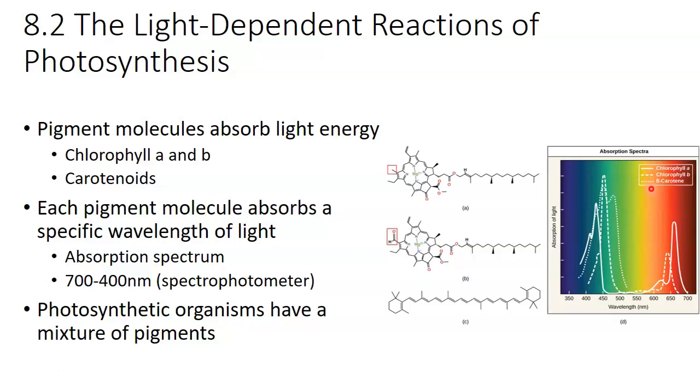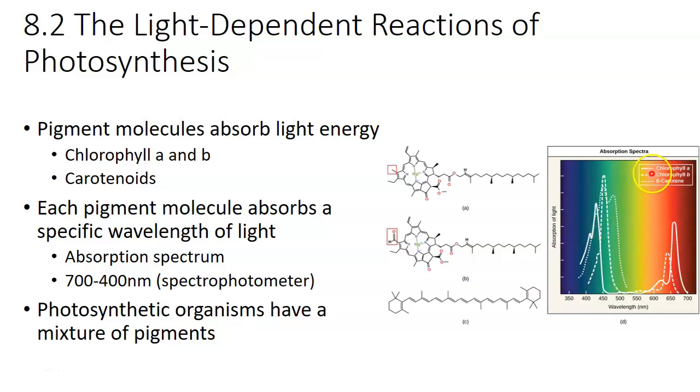And what we find is that chlorophyll A is going to absorb in the blue-green spectrum, between 400 and 450, really peaking towards maybe 425, 430. And it's also going to absorb in the orange-red part of the spectrum, which is closer to 650 to 700 nanometers in wavelength. So it absorbs at 2 ends.